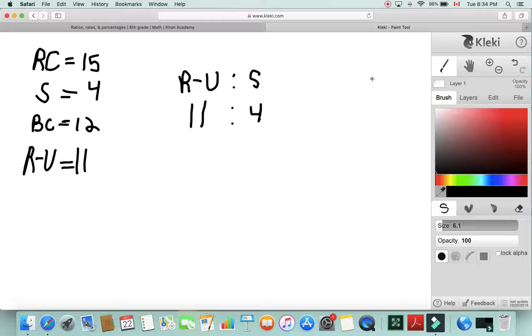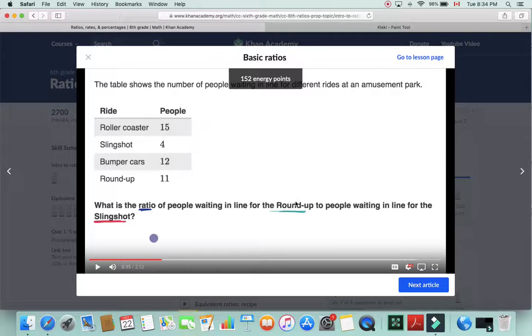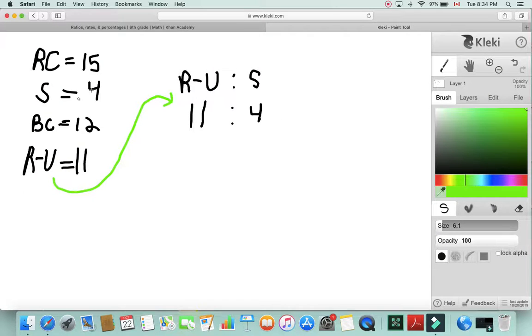So what we do is just put down the numbers that are from here. Since it asks us for Roundup to the people in Slingshot, we put it in this format, and we have to just fill it in.